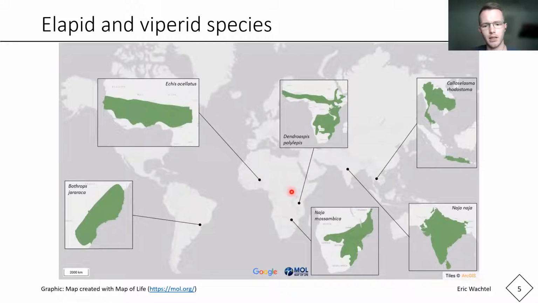And then we have Calloselasma rhodostoma, which is another pit viper from Southeast Asia. Then we have 3 elapids. We selected Naja and Naja mossambica because they are known for being extremely cytotoxic, at least certain populations, and then Dendroaspis polylepis, kind of like a negative control, or a venom that is more known for its neurotoxic effects.